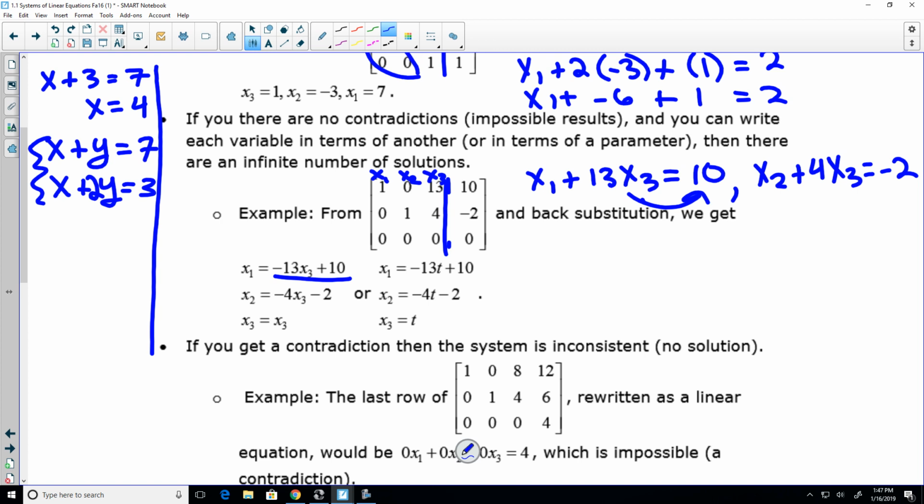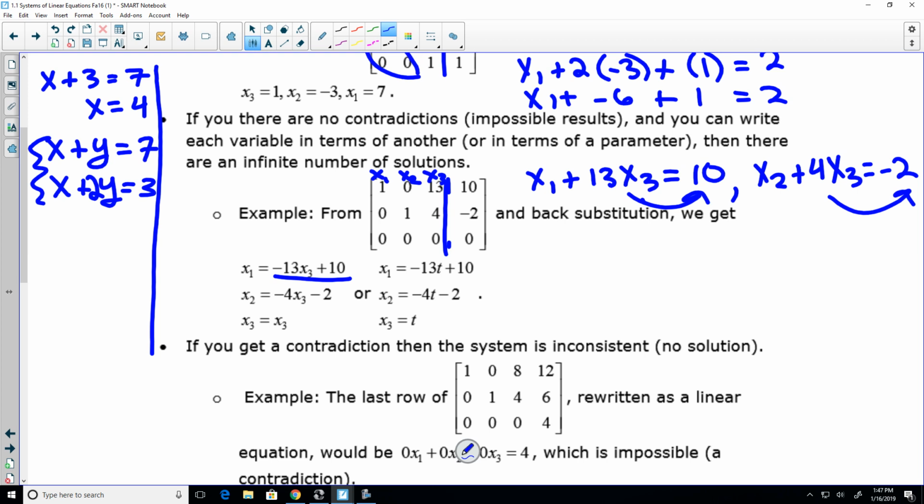And then I move this 4x3 to the right side. I solve for x2 in the second equation. So my x2 is negative 4x3 minus 2. And then the third one, if x1 and x2 are dependent on x3, that means x3 has to be chosen first before I figure out what x1 and x2 are. Does that make sense?